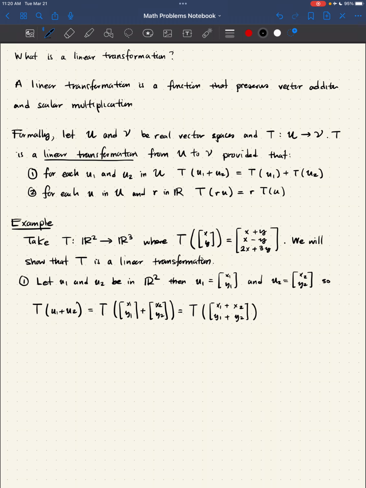Now that we have it in this fashion, we're ready to apply the definition of the transformation itself.